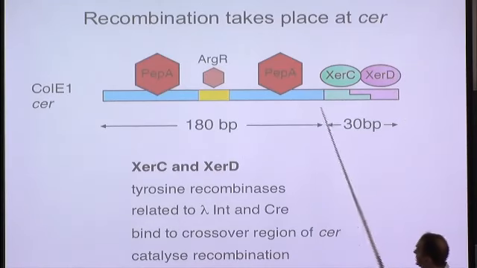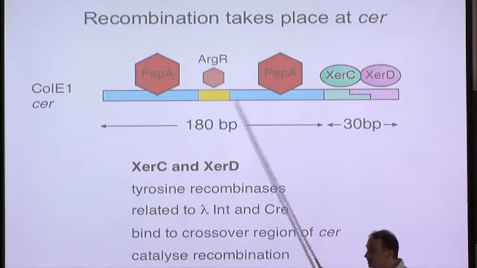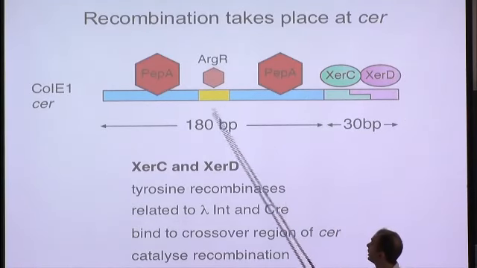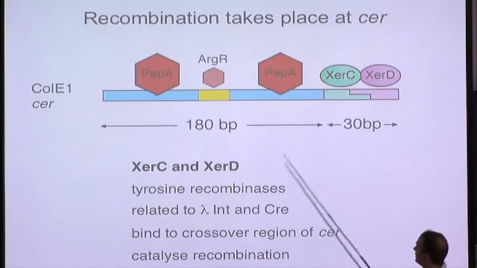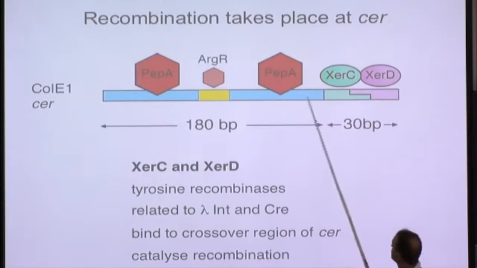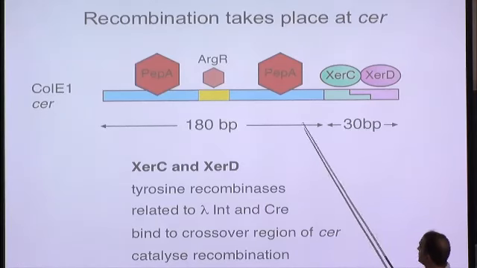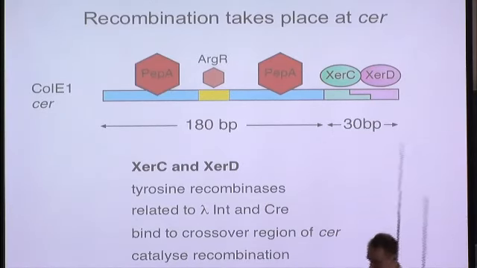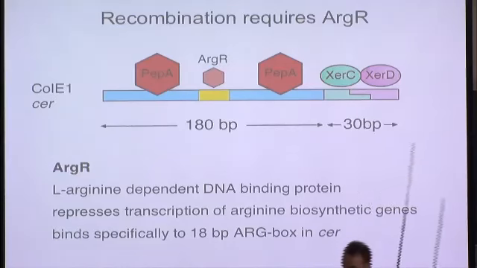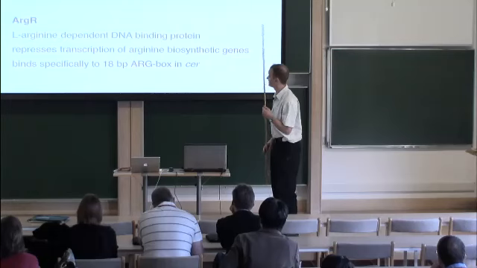But there's also an additional roughly 180 base pairs of DNA that's required for recombination. And you might hear me refer to this extra sequence as the accessory sequences. So the accessory sequences are required for recombination, and I'm supposed to have moved on to my next slide here. There are also two proteins that are required for recombination that bind to these DNA accessory sequences.